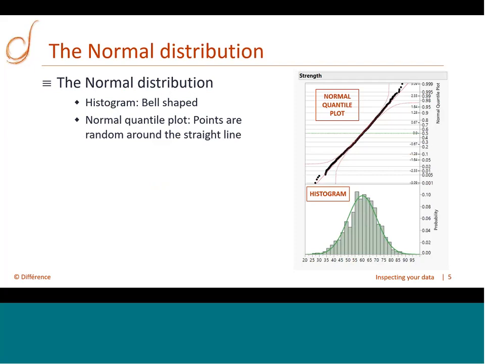So it's symmetrical, and it has a single peak, a single mode. And just above that graph, you see a normal quantile plot, and I'll explain that plot a little bit later. But on that plot, you know the data is normal when the points, which are the observations in your data set, are distributed randomly around the red line.